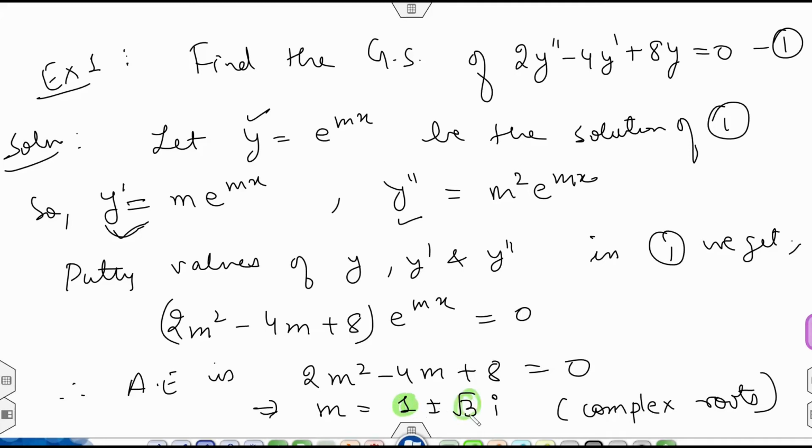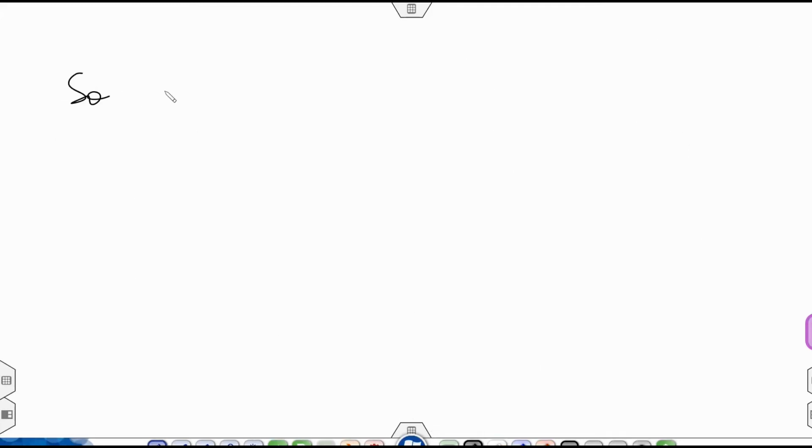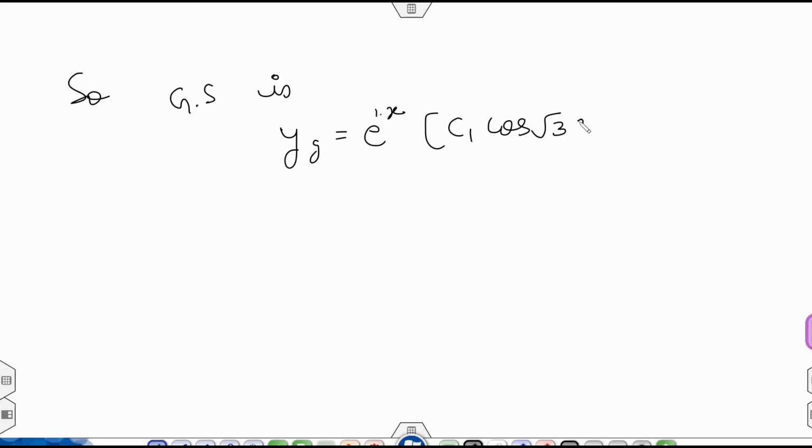So simply you will write down your general solution yg equal to e to the power x, since your a value is 1, into c1 cos of root 3 x plus c2 sin of root 3 x.